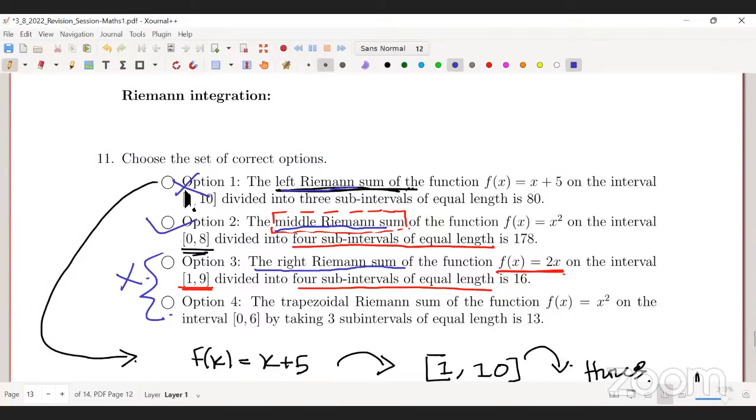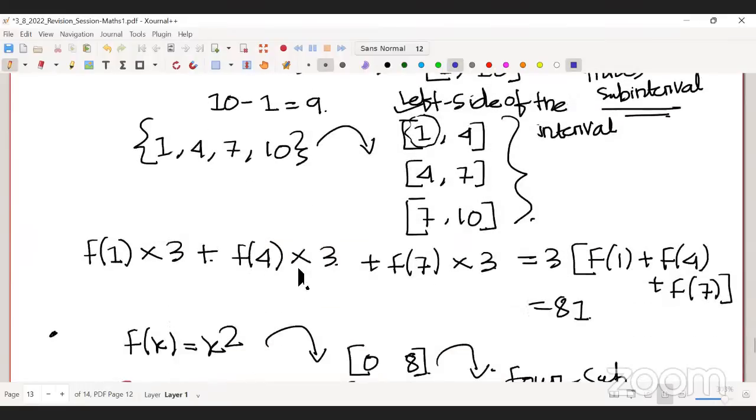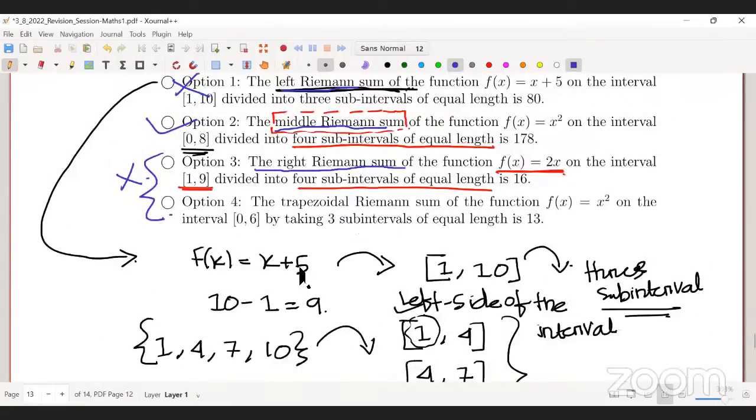Sir, apart from trapezoidal, do we have any other geometric figures, like triangle, parallelogram? Yes, you can take a lot of figures, it depends on you. Suppose they ask for the triangle Riemann sum.